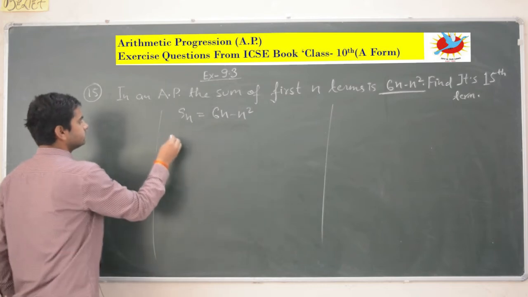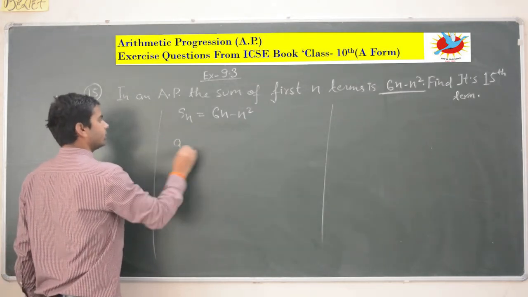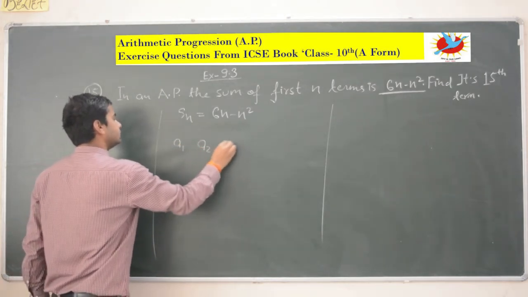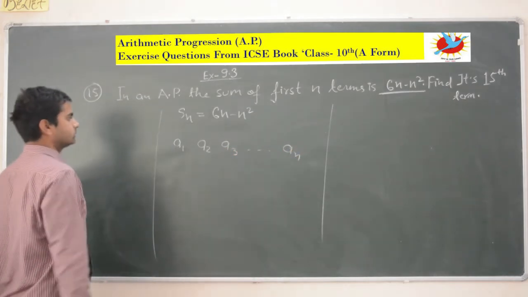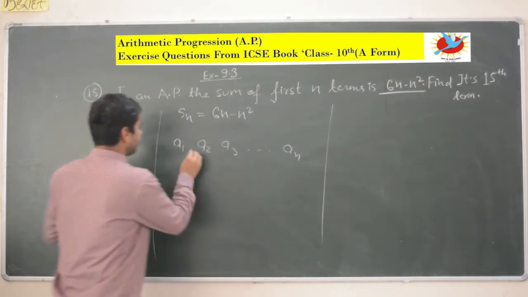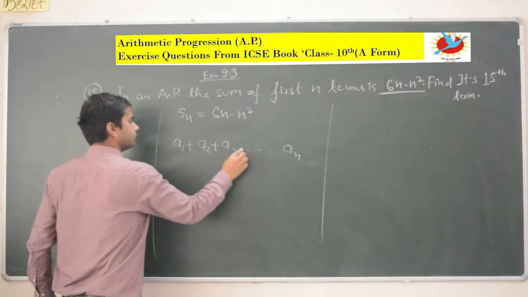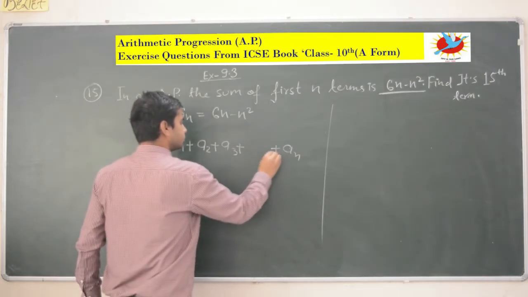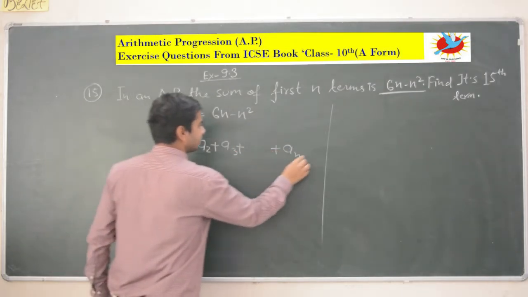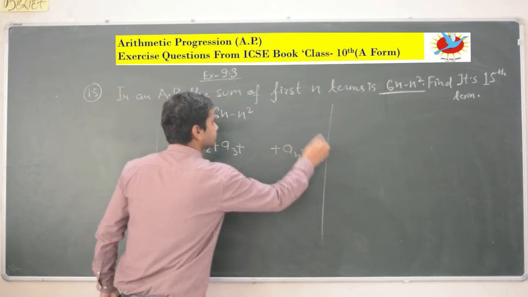Assume the sequence is a1, a2, a3 ... an. The sum of these first n terms is equal to Sn, as given in the problem.